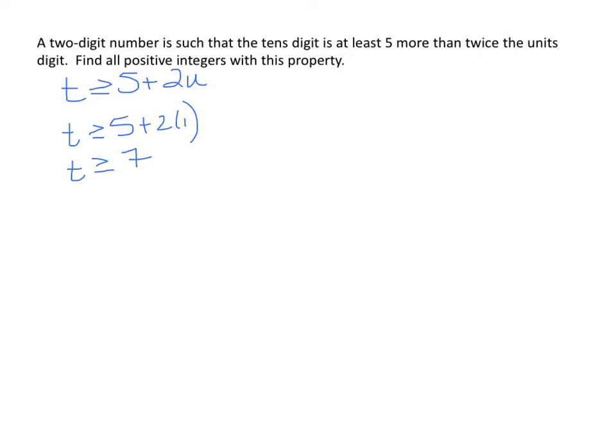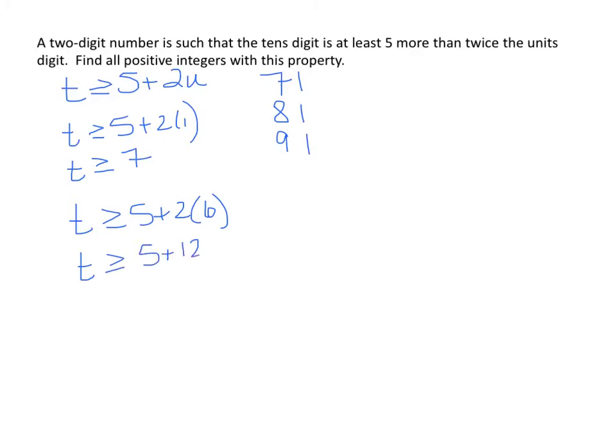So we're looking at 71, 81, 91. What if the units digit is 6? Five plus 12. Can this work? Nope, it can't work because we can't have a tens digit that's double digits.